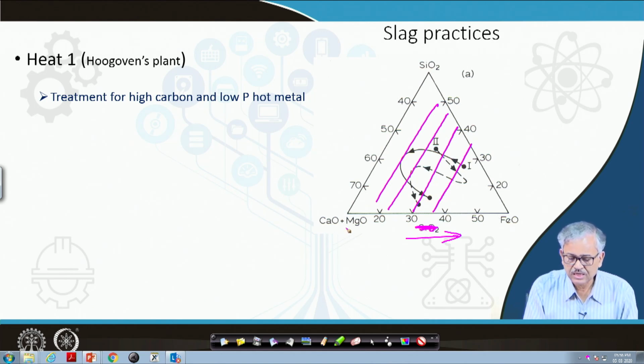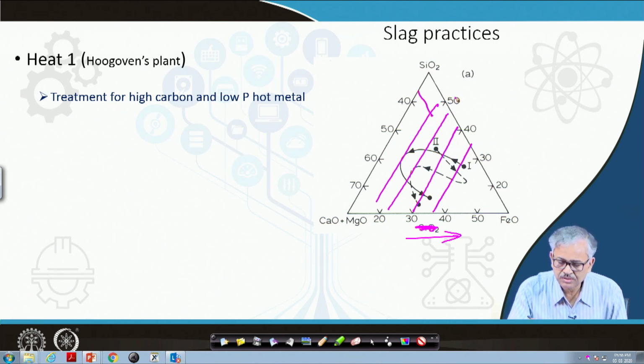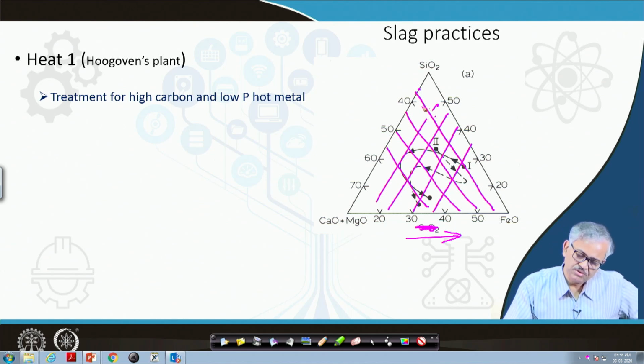And you can see the calcium percentage also increasing with time. If you see, the calcium line will be this line, these parallel lines are the calcium line. Okay. So, this is the CO line, that is, the CO is increasing in this way.